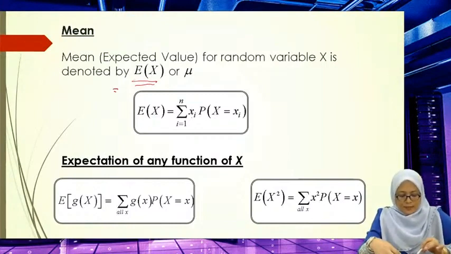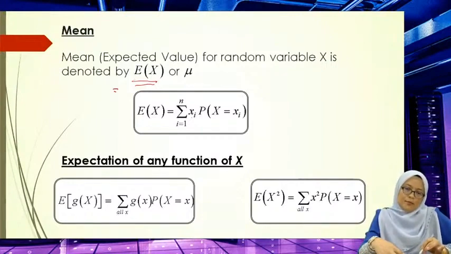Okay, so then for expectation of any function of X, katalah sekarang ni dia ubah dia punya function, dia tak nak cari X. Katalah dia nak ubah jadi 2X ke apa ke. So ini basic dia daripada sinilah. Kalau expectation GX, so you kena darab dulu you punya nilai probability tu dengan nilai GX, then baru total up balik.